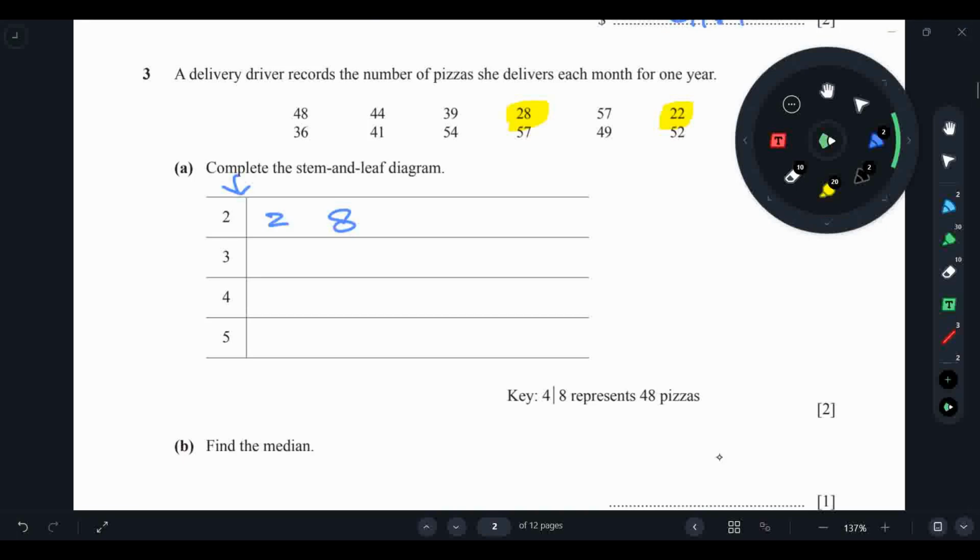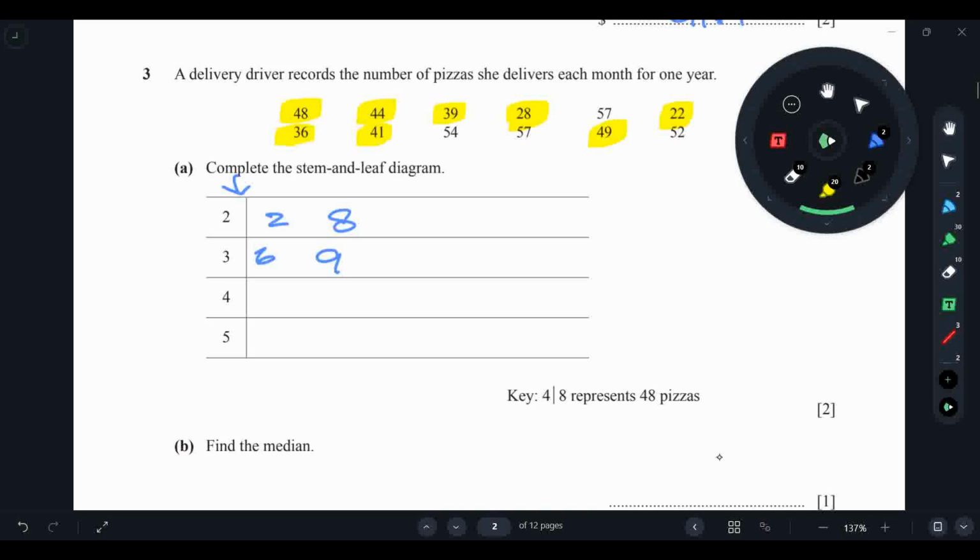The next one is for the 30s: this will be 36 and 39. Now in the 40s, we identify 41, 44, 48, and 49.